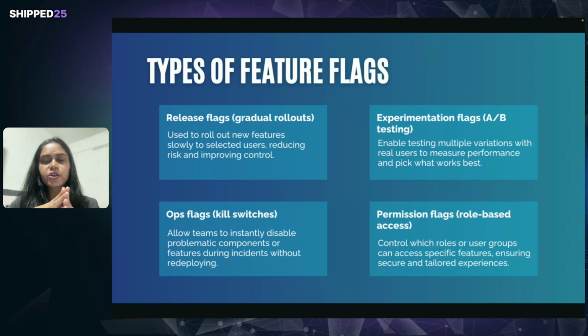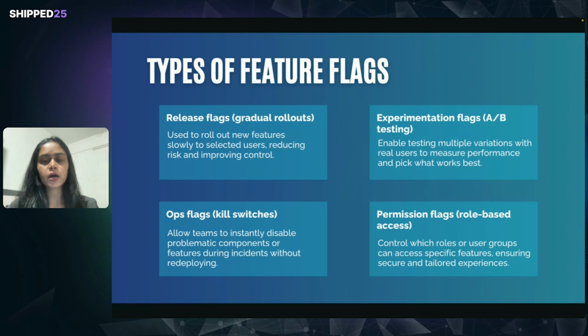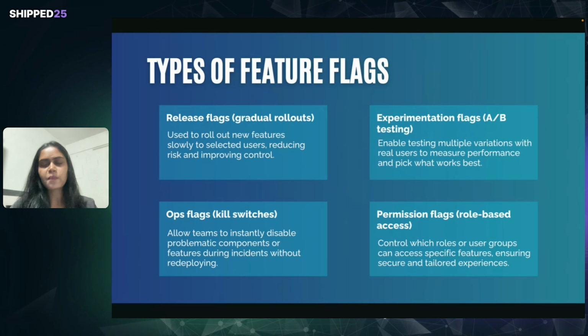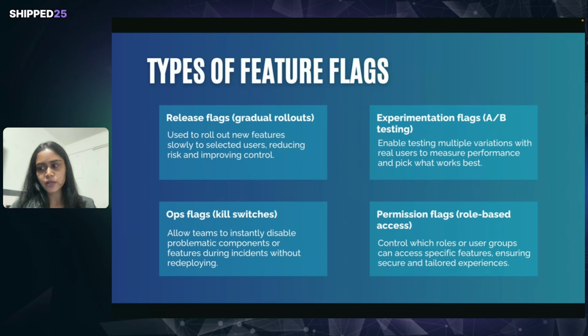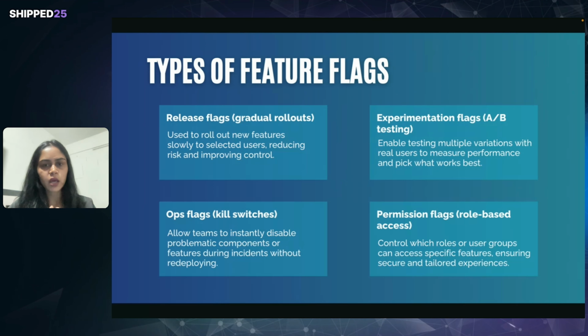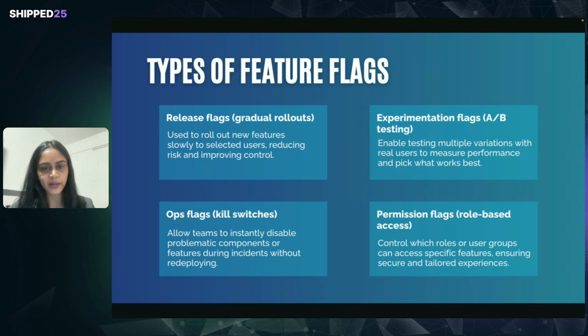Instead of exposing a really big UI redesign to everyone, you can start with a very small percentage of users. It's like testing a completely new dish in a restaurant, only with a limited amount, or only with a few customers, before putting that dish onto the menu. So this is how release flags work. Gradual rollouts are provided here.